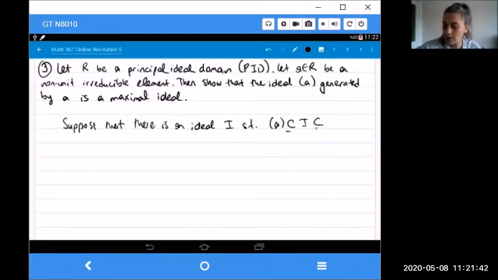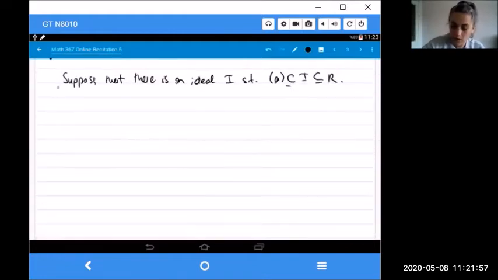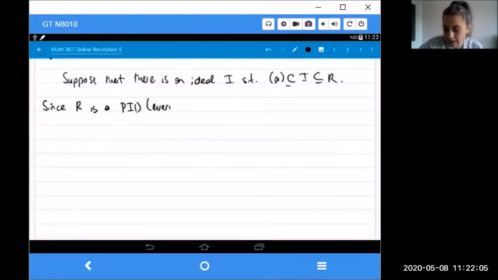Now we are going to show that I is either equal to the ideal generated by a or has to be the whole ring R. Now since R is a PID, that is, every ideal is principal, this means that being an ideal of R, I has to be principal.